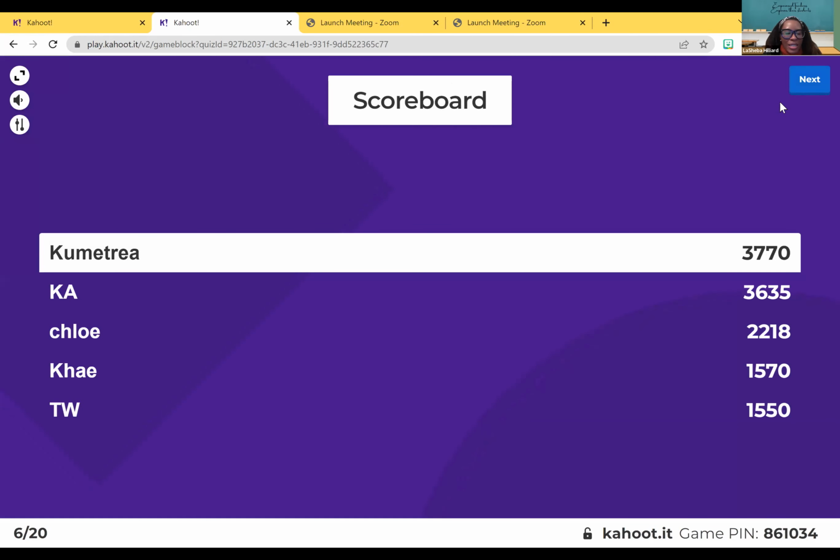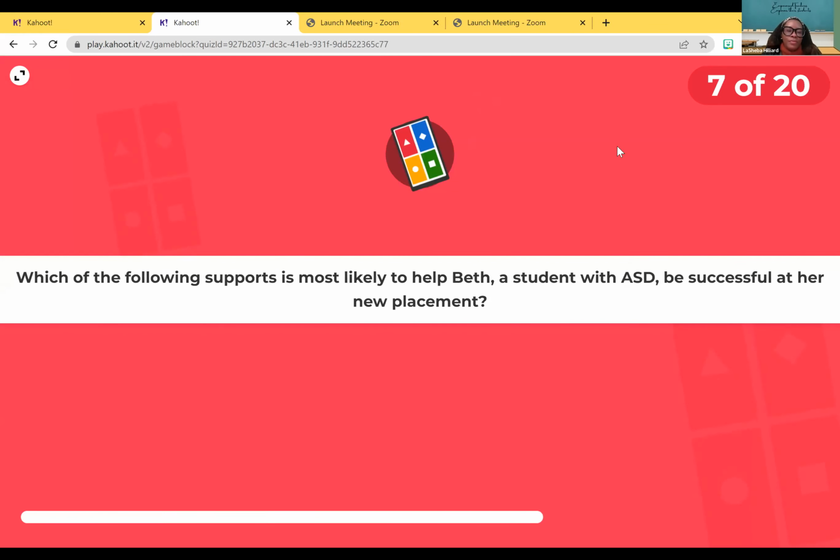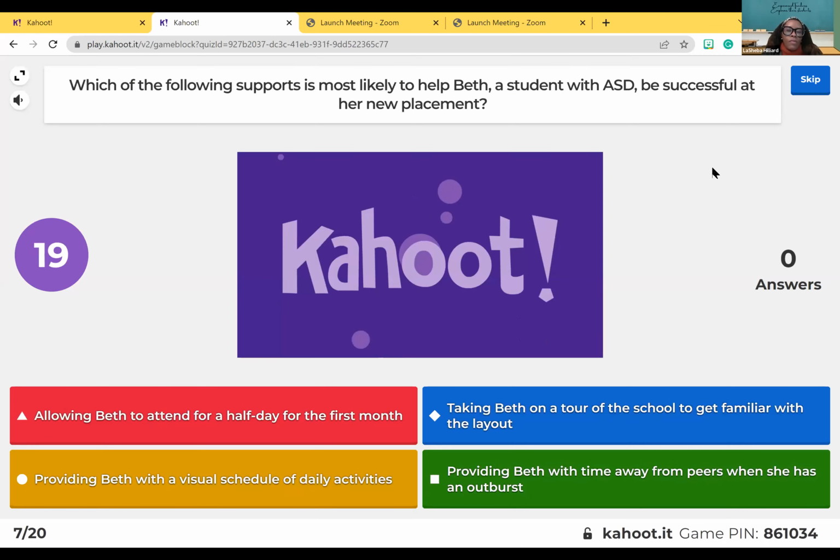We have to have documentation for students to receive any related or SPED services. This question was on the test.